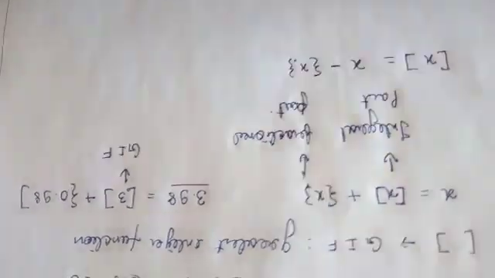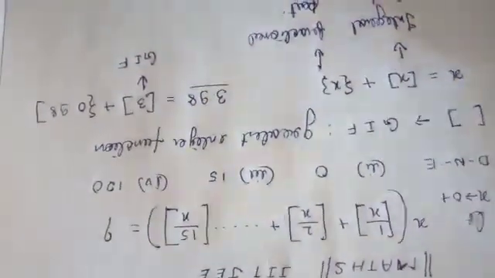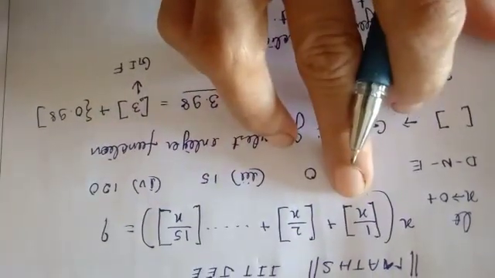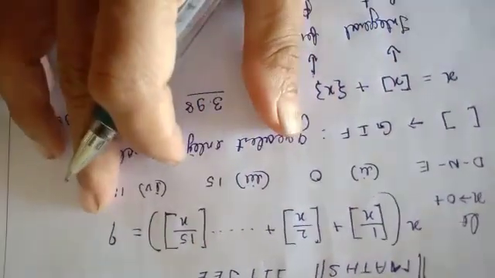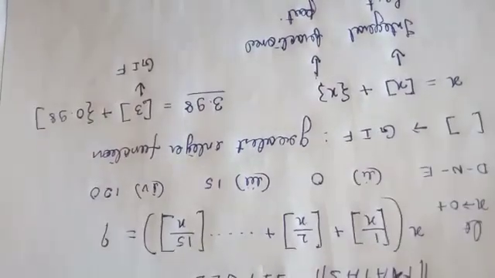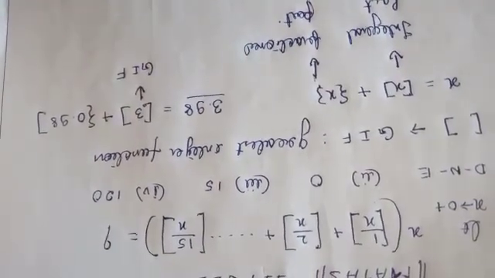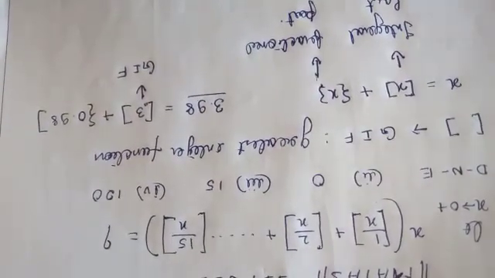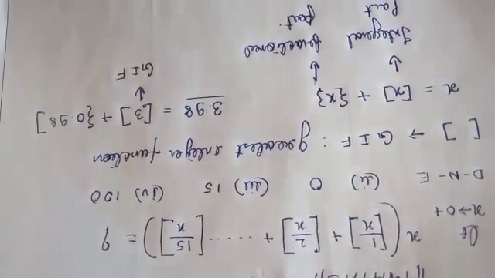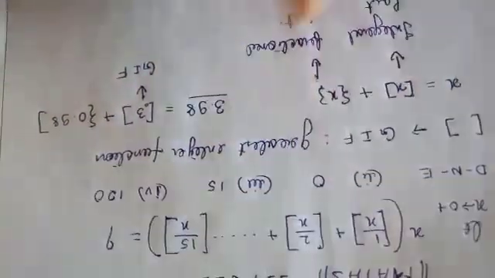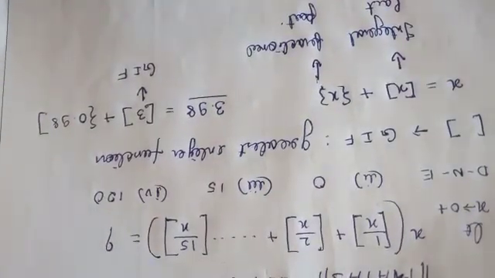Our question is: limit x tends to 0 of x times the integral part of 1 upon x plus 2 upon x and so on up to 15 upon x. So let us start. Now how to convert this integral part into this form?